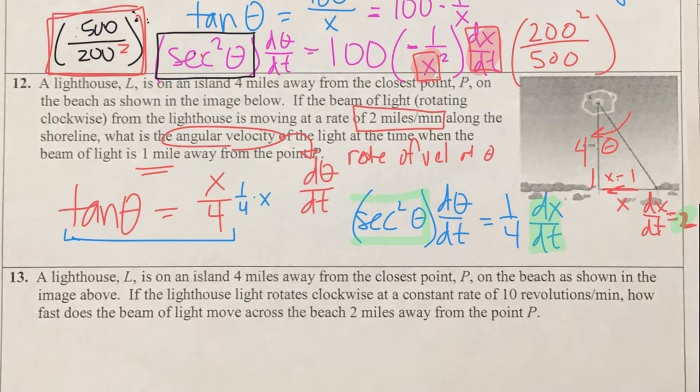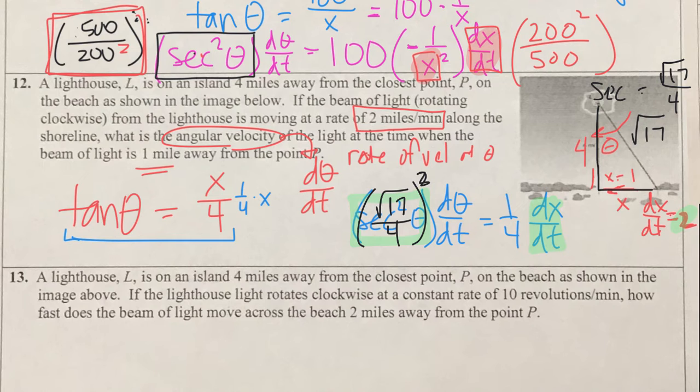And then the secant, remember we have to use our trig to find the secant. So that means if this is 4 and this is 1, the square root of 17 is the length of our hypotenuse. So the secant of the angle is root 17 over 4. So that's going to go in here, root 17 over 4, and then we're going to square it.